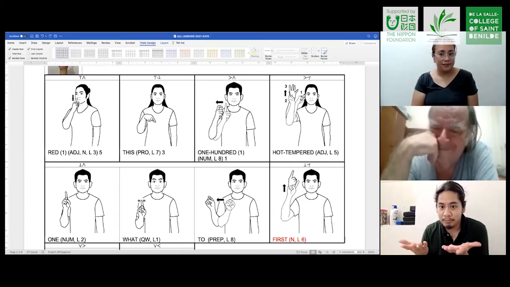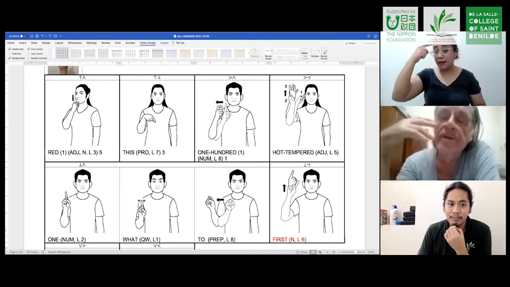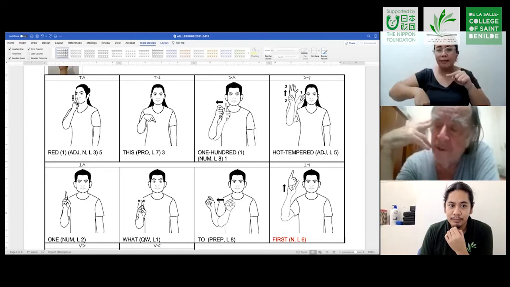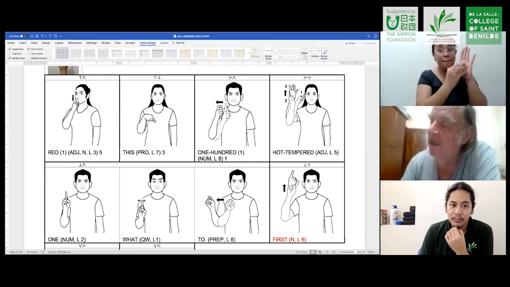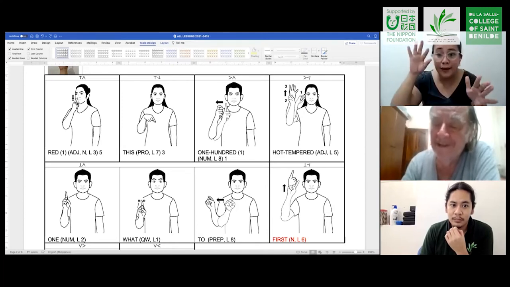So for now, one thing is you cannot have the same orientation for the palm and fingers. So Yami, you cannot have the same. It's impossible.